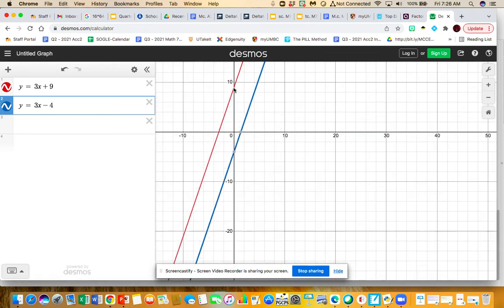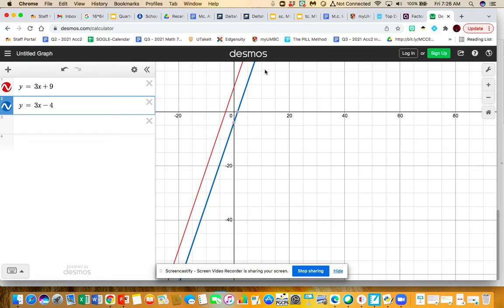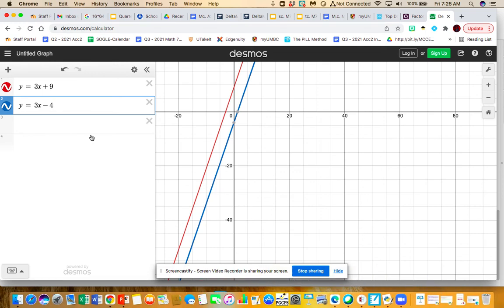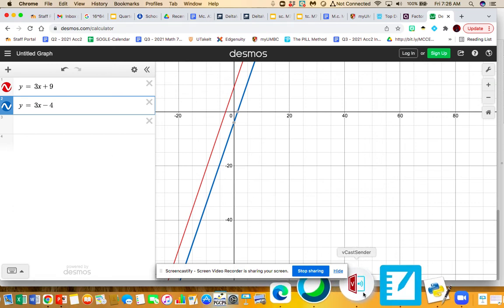Okay, let me zoom out. These are parallel lines. These lines will never cross, right? Therefore, since there is no point of intersection, they will have no solution. Okay, no solution. So let's compare the last situation where we have infinitely many solutions, right?